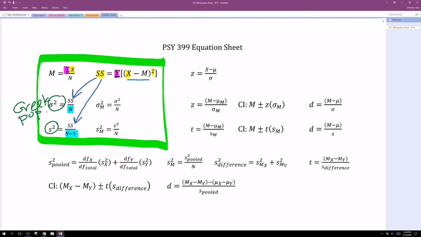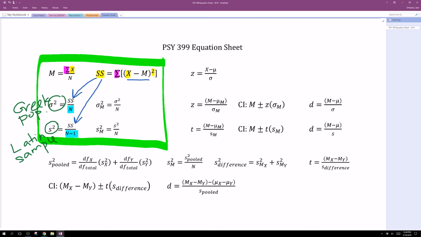When you have Latin, those are your sample statistics. So which equation you choose depends on whether you're working with the entire population or just a sample.